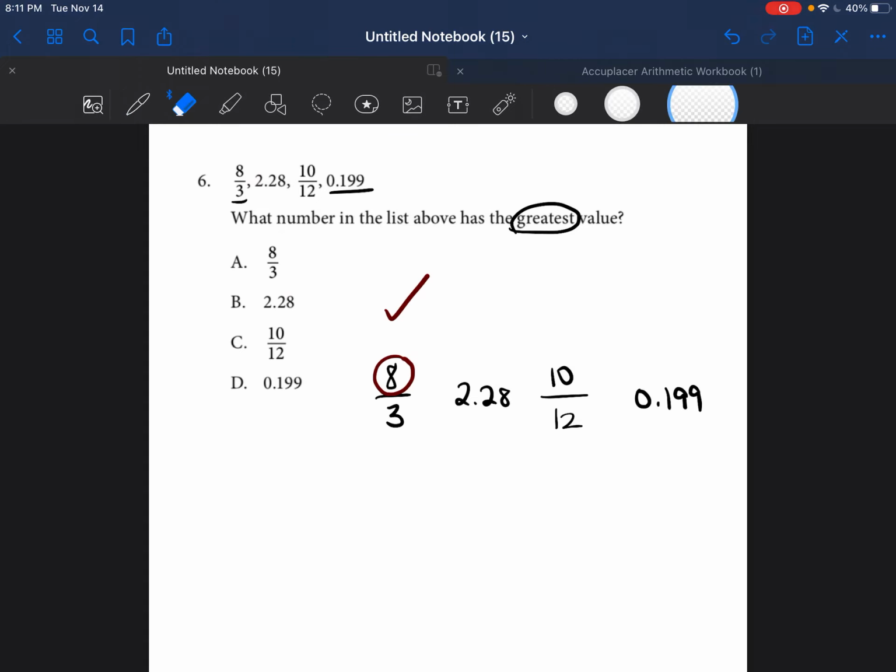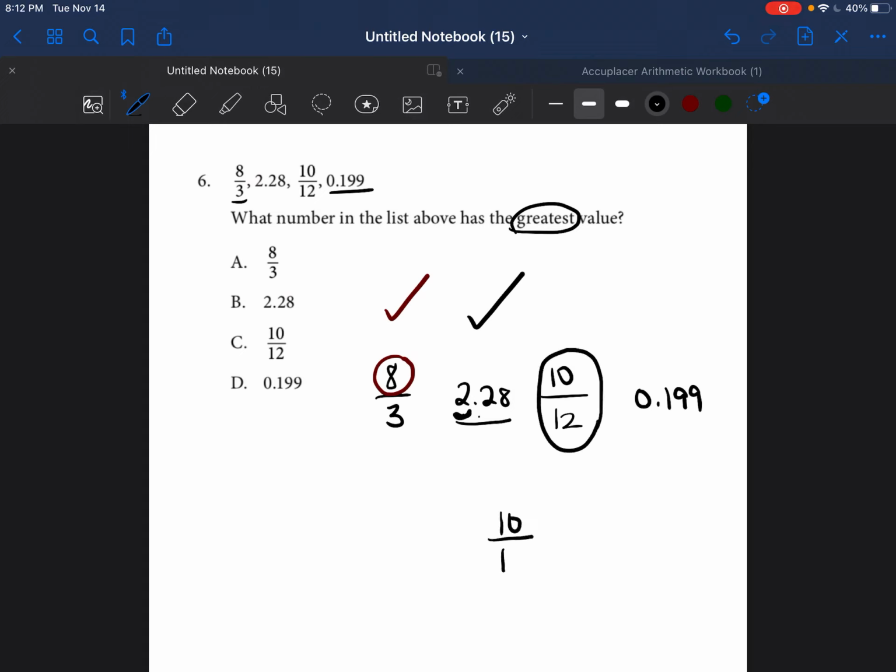Okay, now let's look at this decimal. This decimal, 2.28, because this first digit is greater than 1, is also greater than 1. Now let's look at this fraction, 10 over 12. Is 10 over 12 greater than 1? Well, the rule is if the numerator is larger than the denominator, then the fraction is greater than 1.